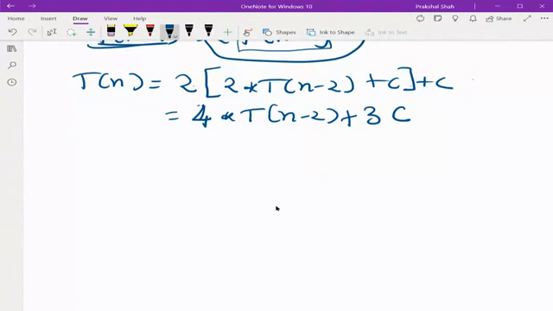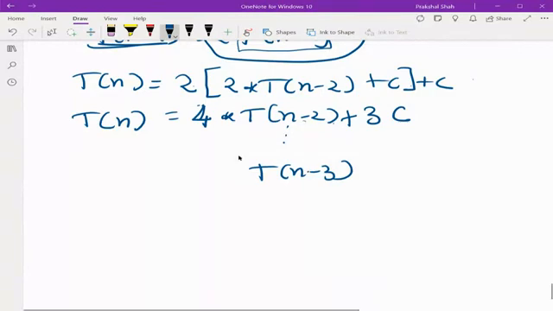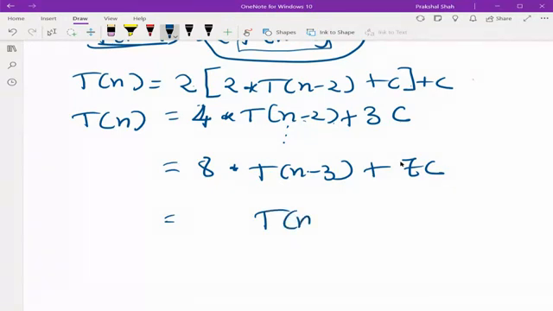Now this is true for T of n equals 4 into T of n minus 2 plus 3c. After this, it will become T of n minus 3: it will be 8 and nothing but 7c. One step more, it will be T of n minus 4: 16 plus 15c, right?